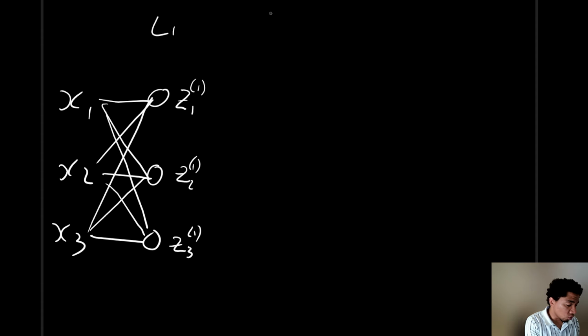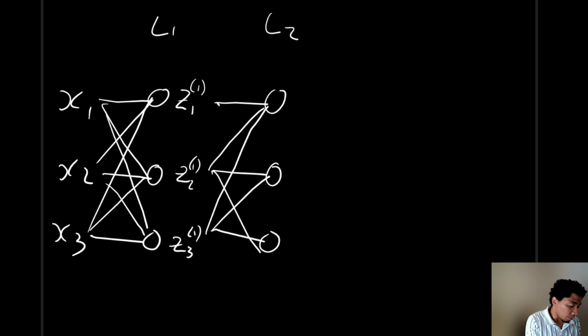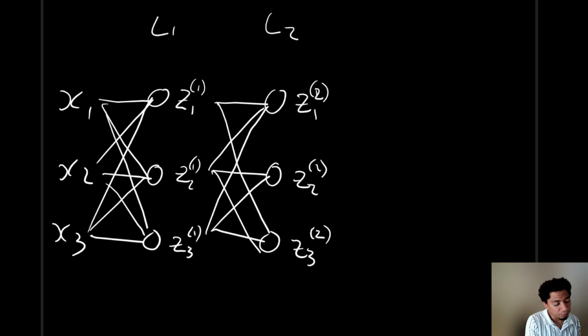Yeah, and then moving on to layer 2, again you can have any number of neurons, but we'll just stick to the same number, which is 3 neurons there. And each of these neurons will then take the output of layer 1 as inputs into each of the neurons. Yeah, and then this becomes an output from neuron 1 of layer 2, neuron 2 of layer 2, and then the third neuron from layer 2.